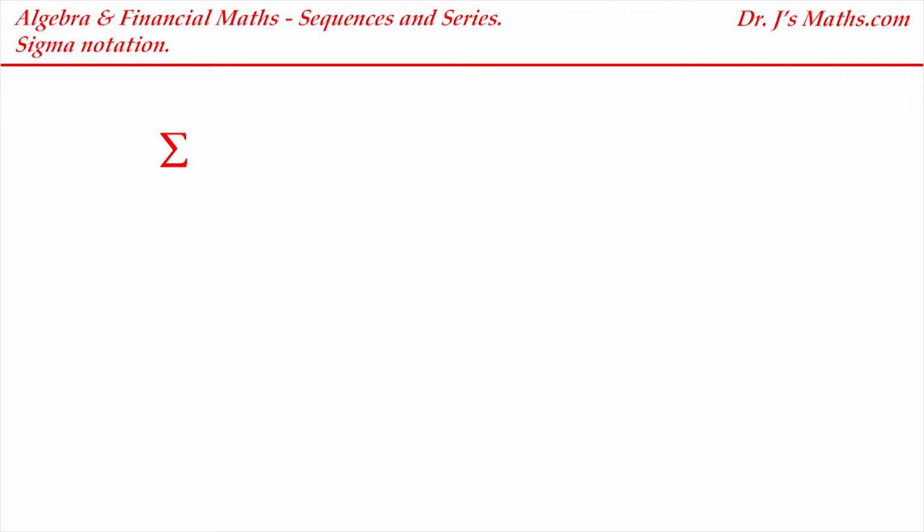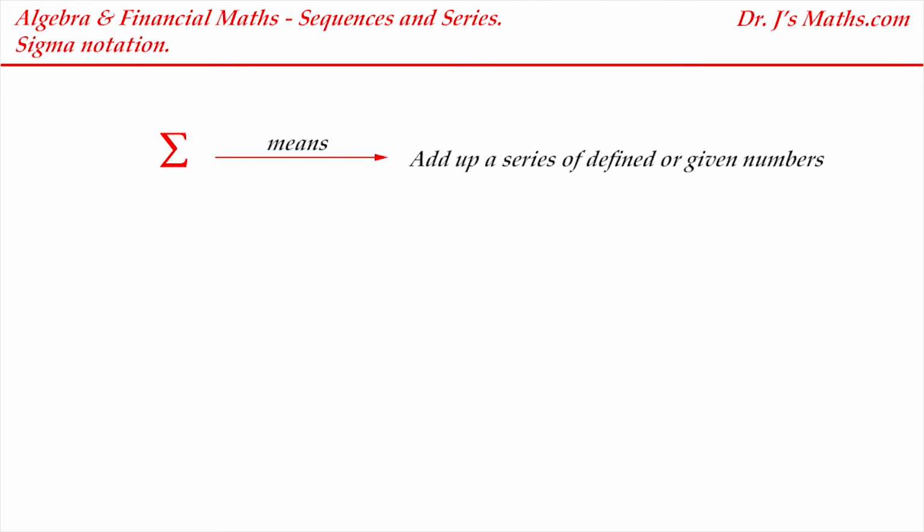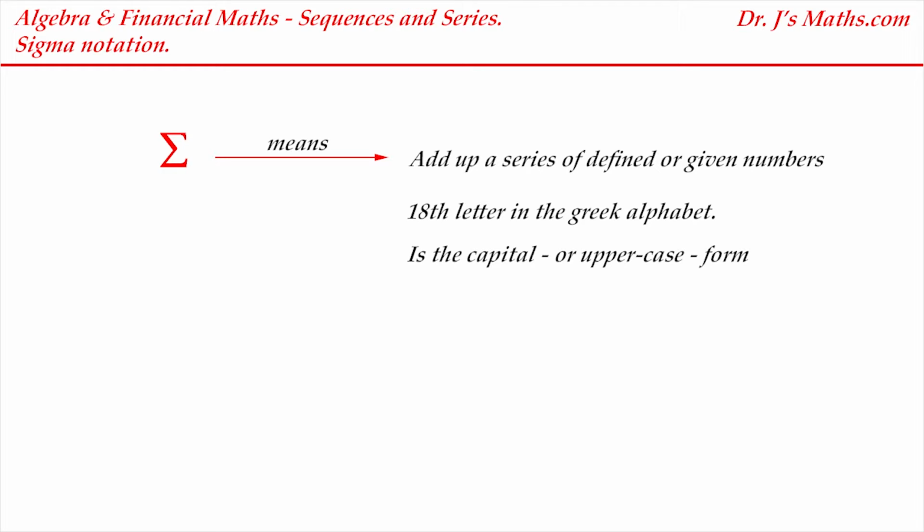The sign is really interesting. We just call it sigma, and it means add up a series of defined or given numbers. It's derived from the idea that it was the 18th letter in the Greek alphabet. It's the capital letter version, the uppercase form. In Greek numerals, it represents the number 200, so it does a lot of things.